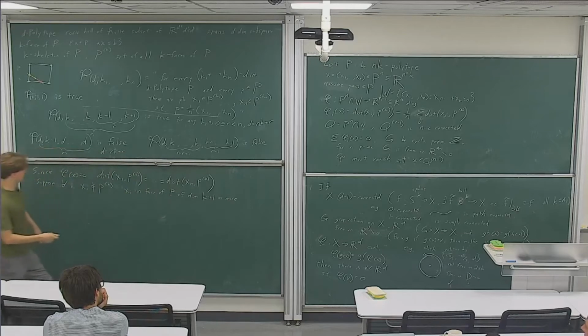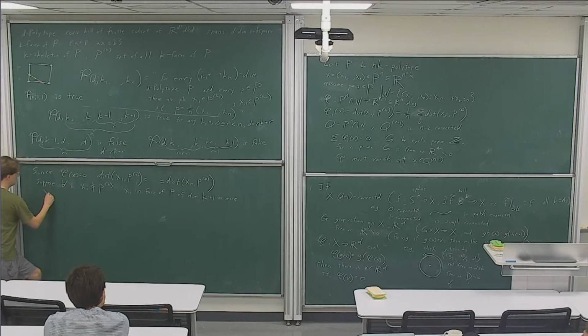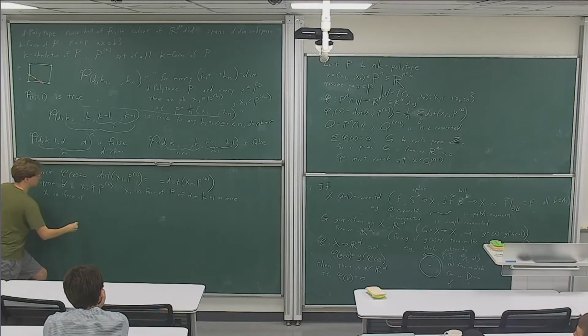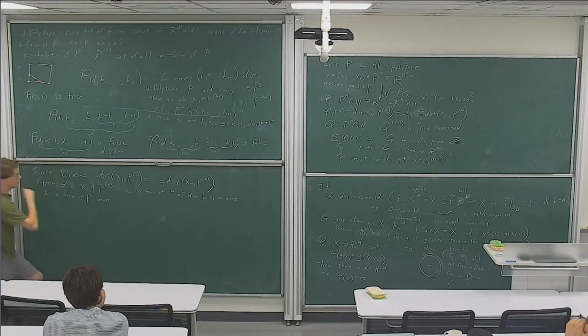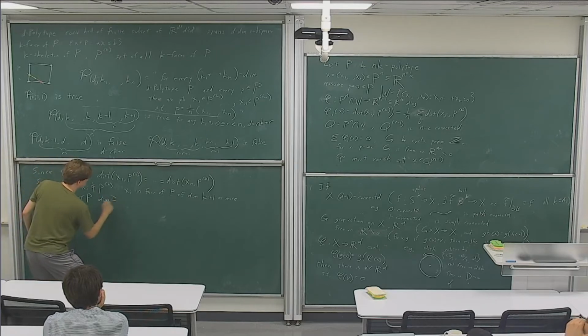Right, so if I add up all of these dimensions, this means that x is in a face of P of dimension greater than or equal to n times K plus 1.